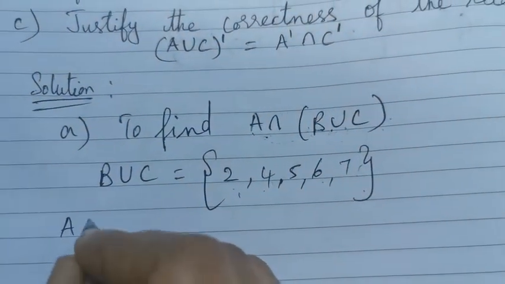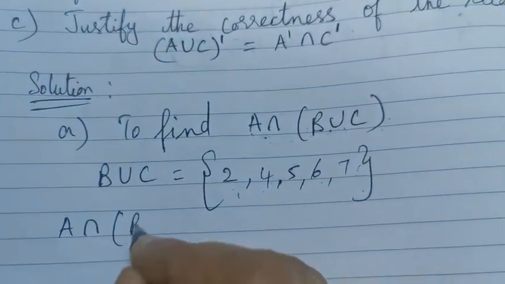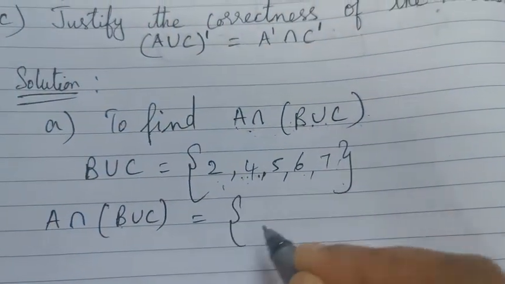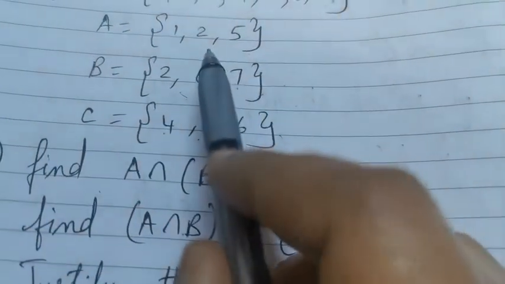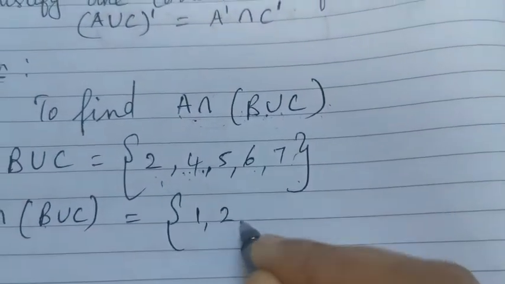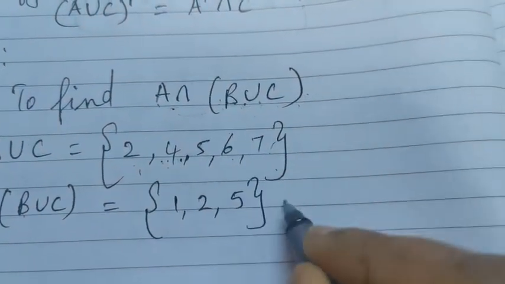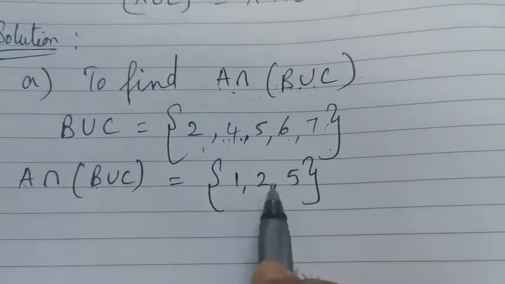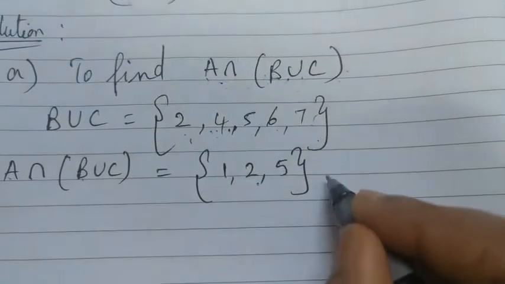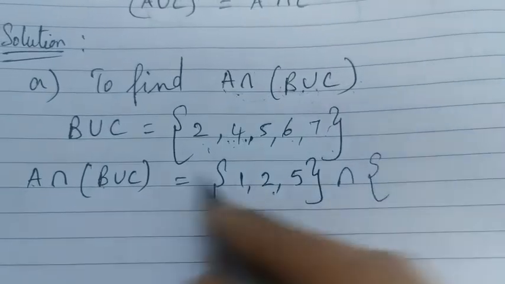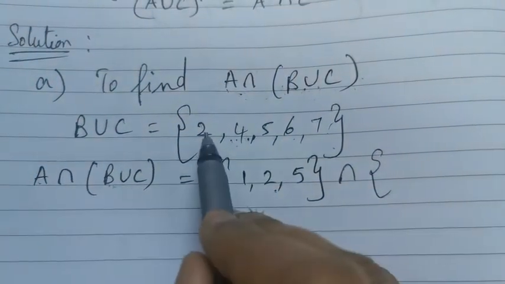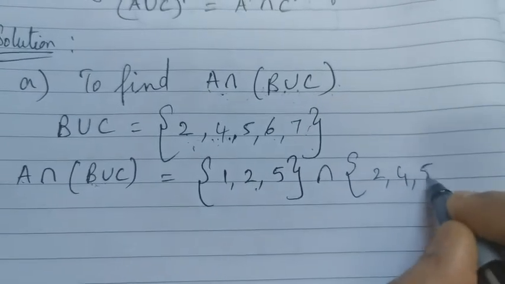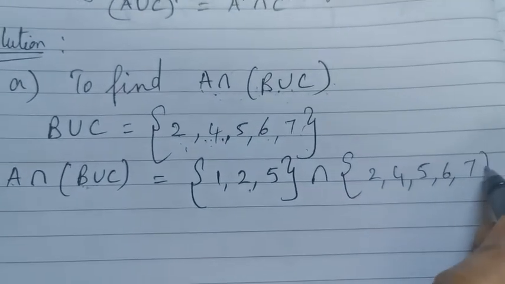Next, A intersection (B union C). So this is the set B union C. The set A is 1, 2, 5. I've written the set A. Next I have an intersection and I need to write the set B union C. What is B union C? 2, 4, 5, 6 and 7.